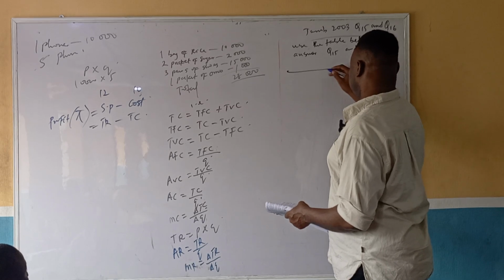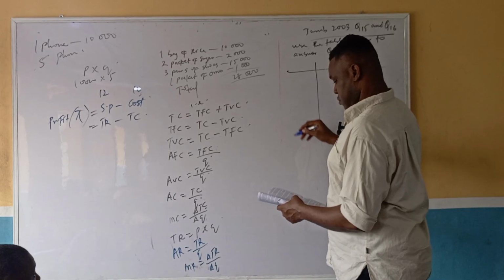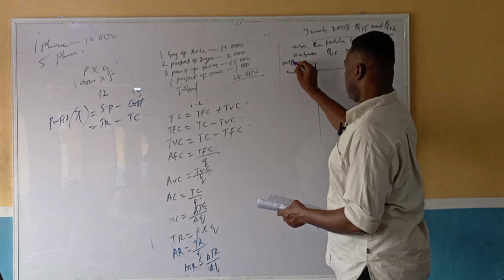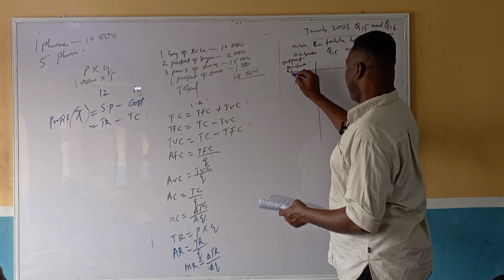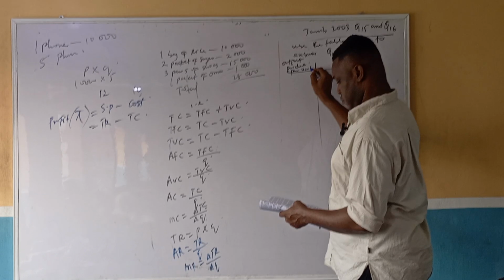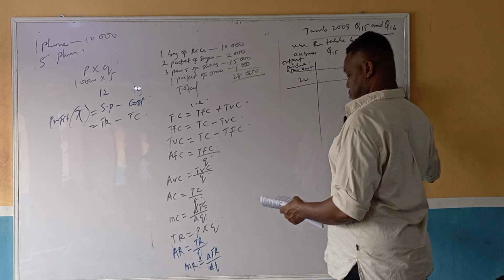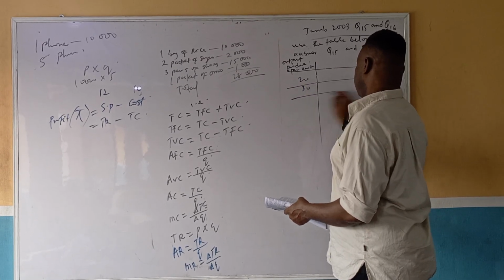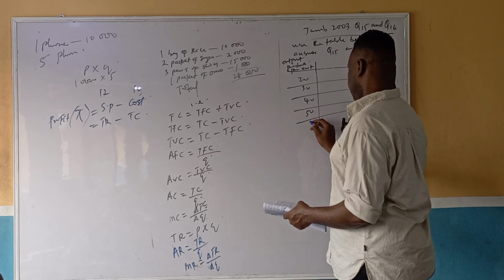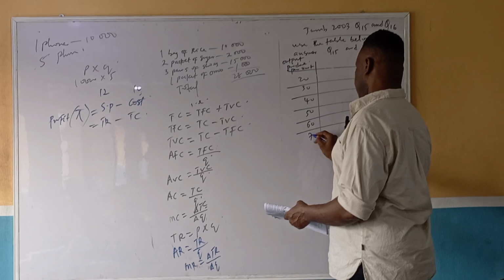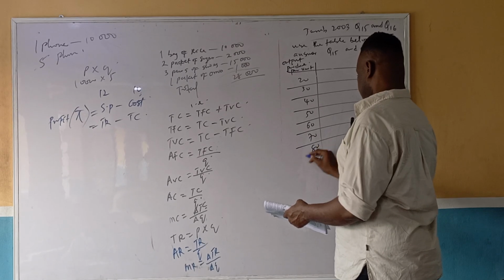We are given this table. Output produced per unit: 20, 30, 40, 50, 60, 70, 80.